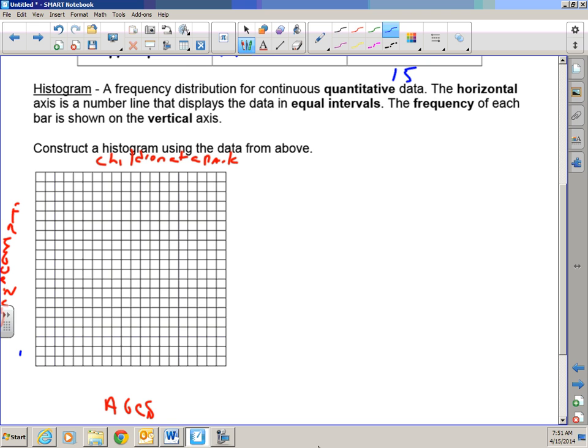Now, what you need is that your bars have to be the same width. We're only going to have 3 of them because there's only 3 intervals. So ages 1 to 5 go up to 6.